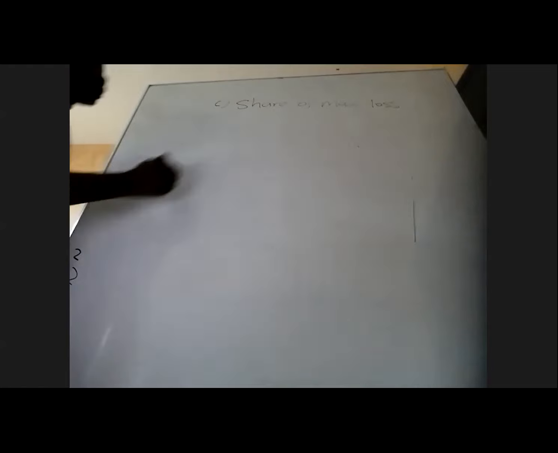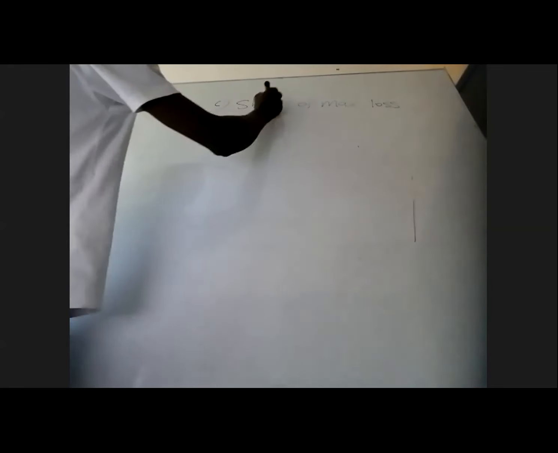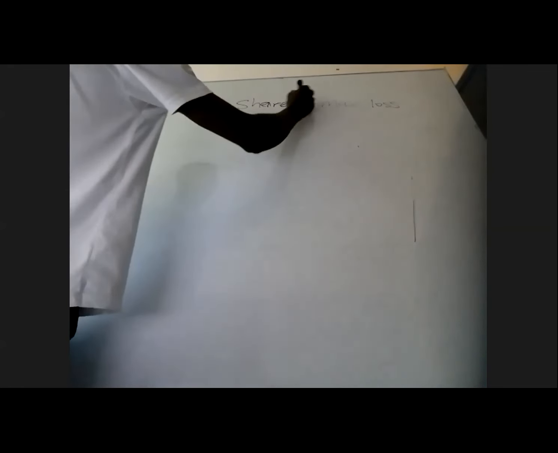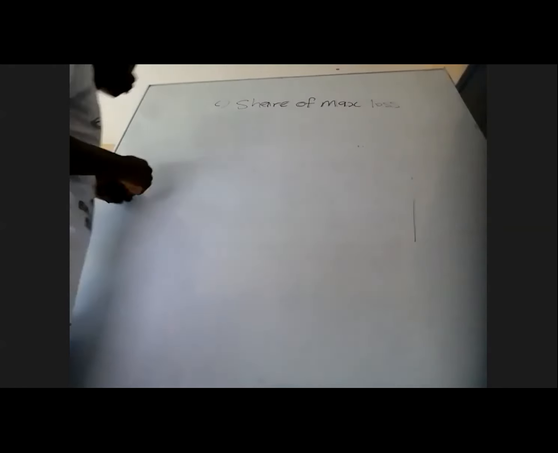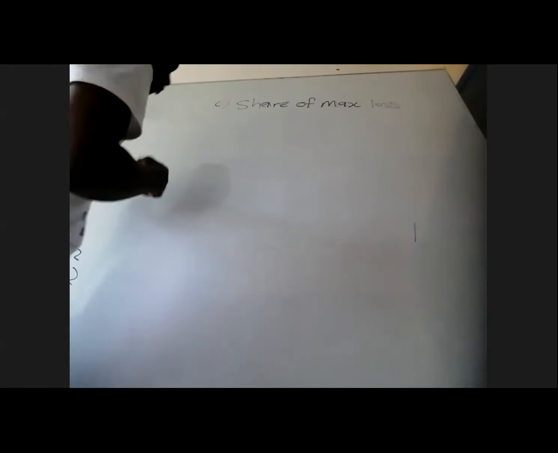Share of maximum loss. So the share of the loss that we derived. Good. Now here, please kindly put it in a nice table. So, in fact, all our calculations are in the table. So take note. Share of maximum loss. Yesterday we did some table.